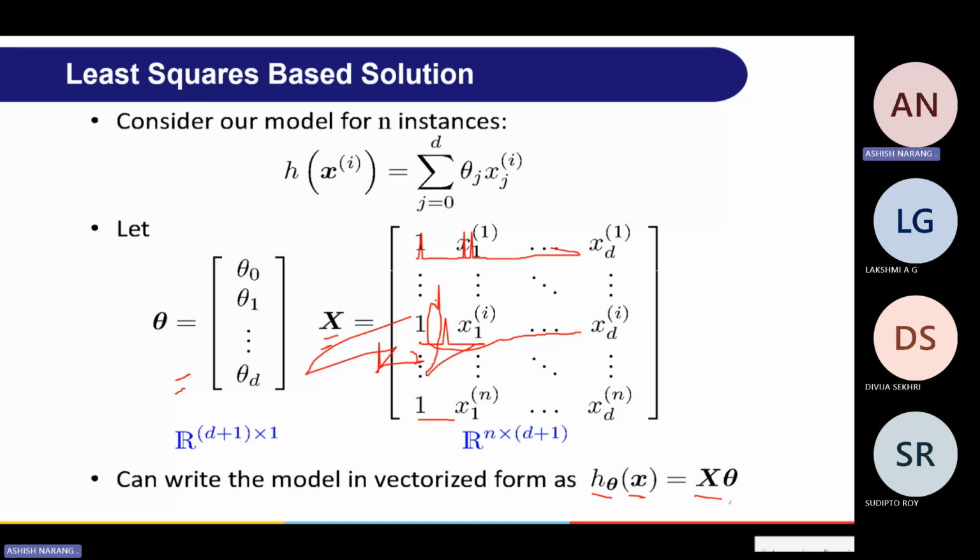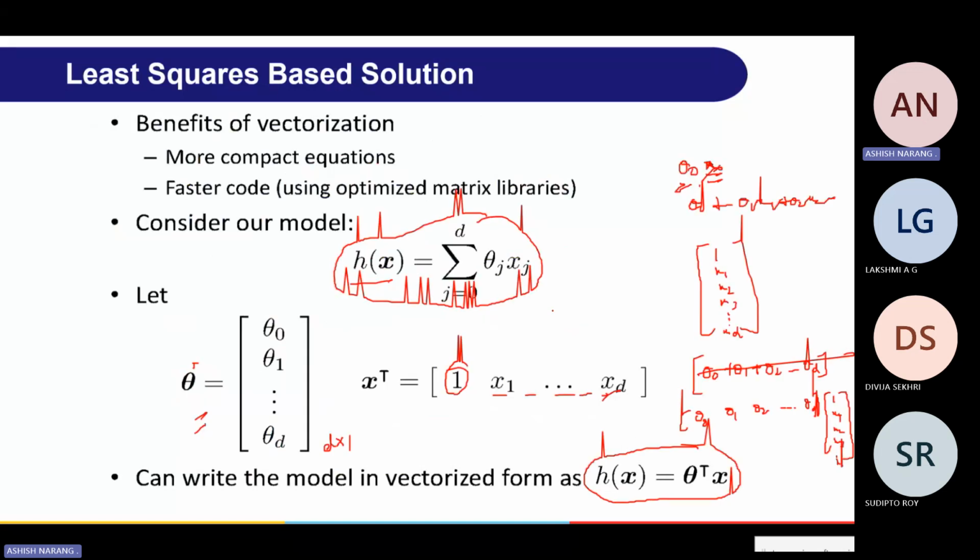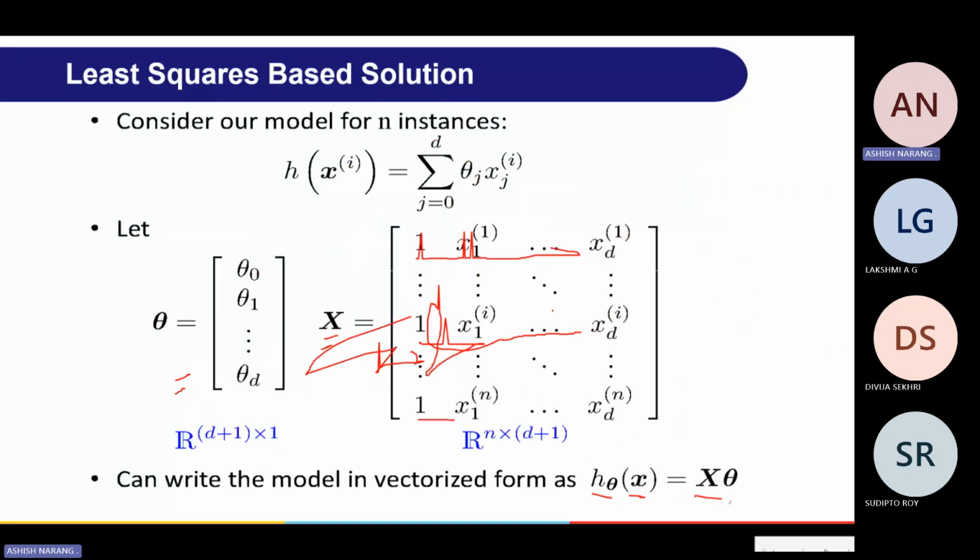And then for the second row also, it is theta 0 plus theta 1 x1, and so on. Whatever we were doing for a single record, now we are doing for the complete data set. Now X represents the complete set of input features of the data set, and theta is the model parameters. If I multiply this, it will give me all the predictions.